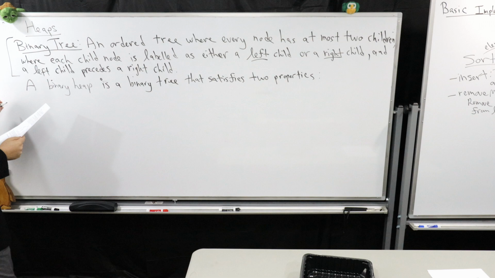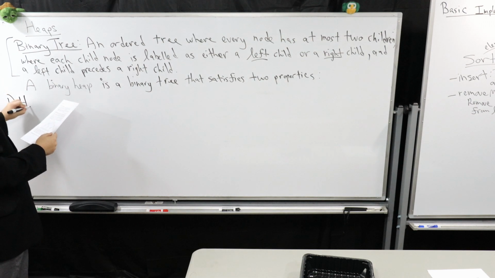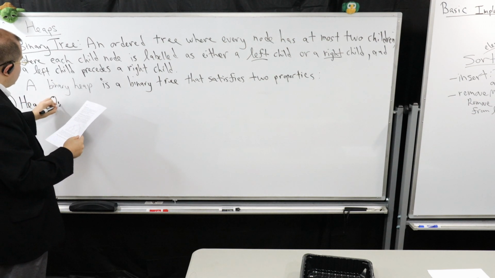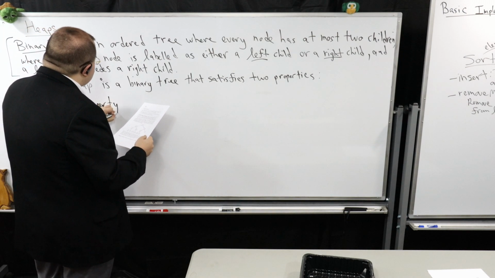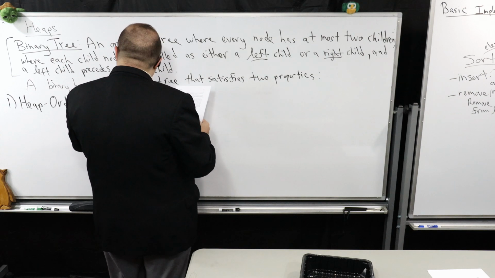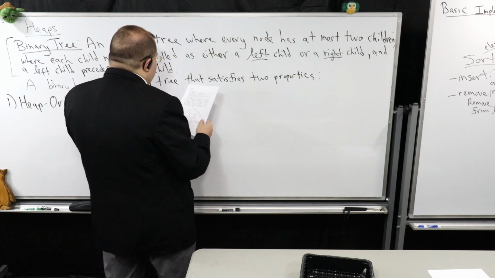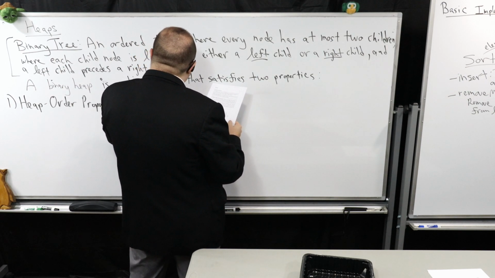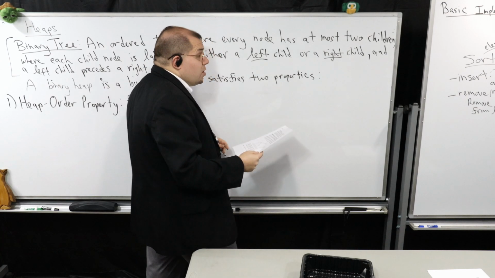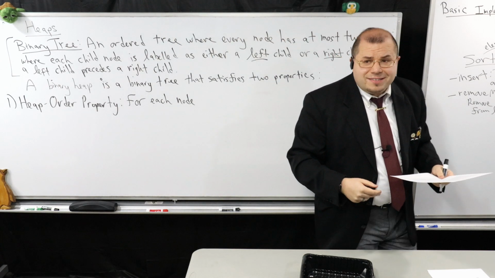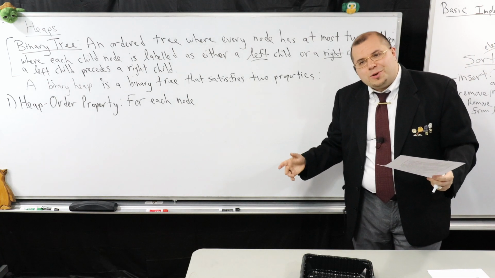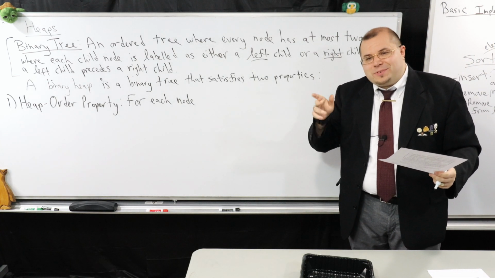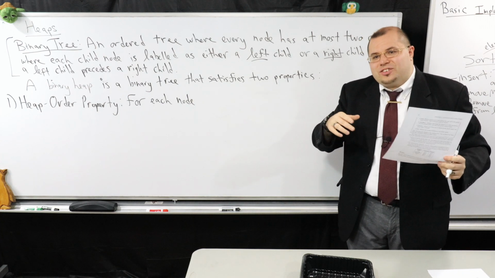The first property is called the heap order property. It works like this. For each node, and sometimes I'm going to call these positions just for the sake of convenience, because when we start talking about implementations of our heap, the nodes are going to be represented by positions in a structure.